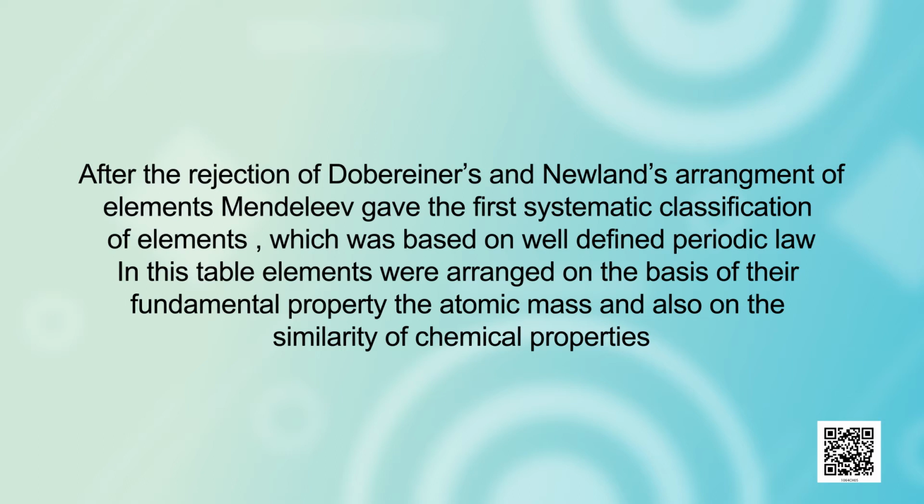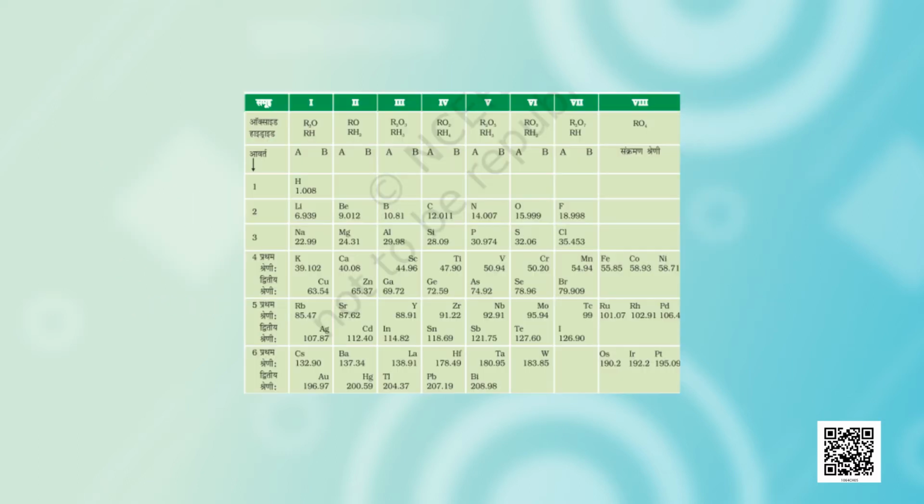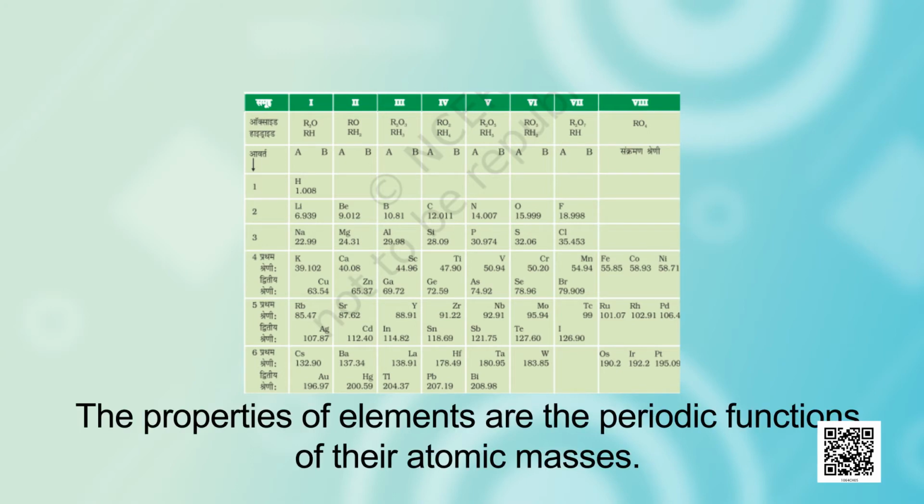In his table, elements were arranged on the basis of their fundamental property, the atomic mass, and also on the similarity of chemical properties. According to Mendeleev's periodic law, the properties of elements are the periodic functions of their atomic masses.